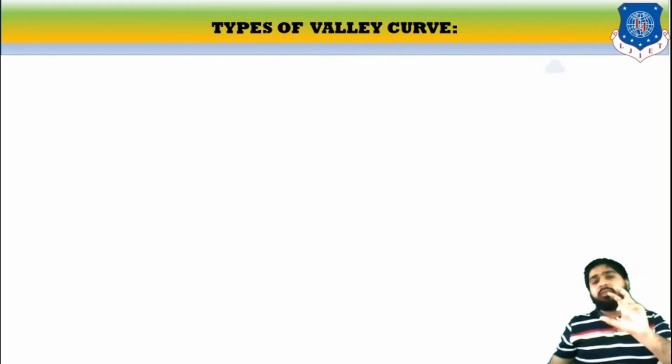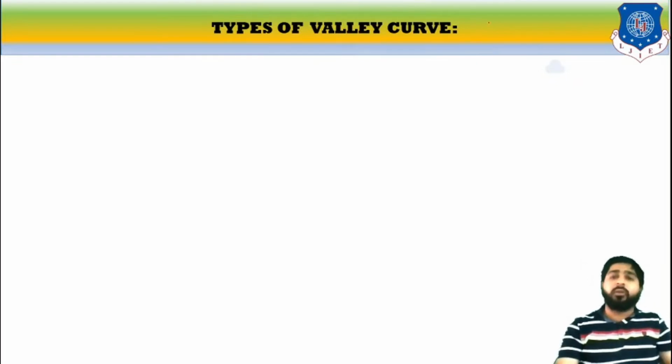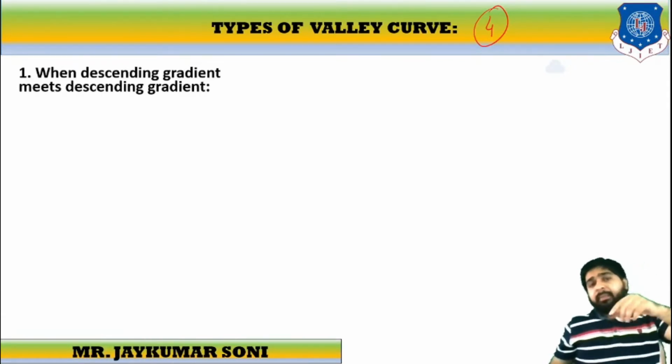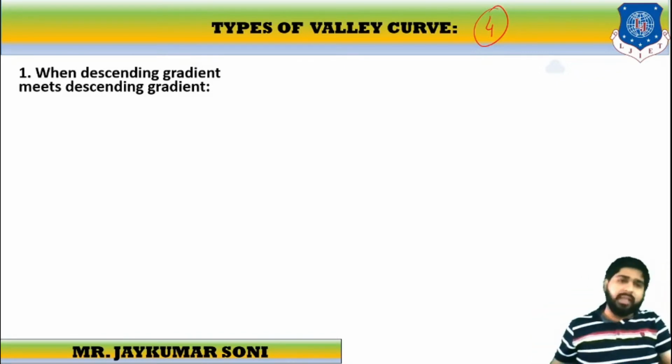Now let us discuss the types of valley curve. There are a total of 4 types of valley curve that we need to understand. First is the valley curve where a descending gradient meets another descending gradient. It looks like this.